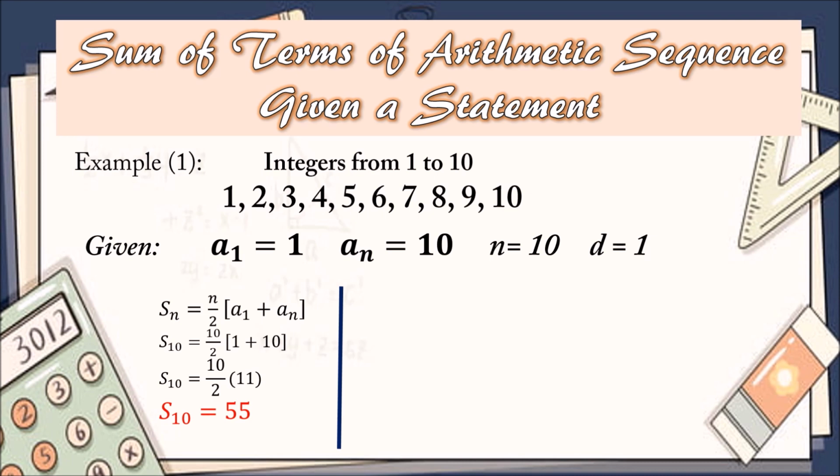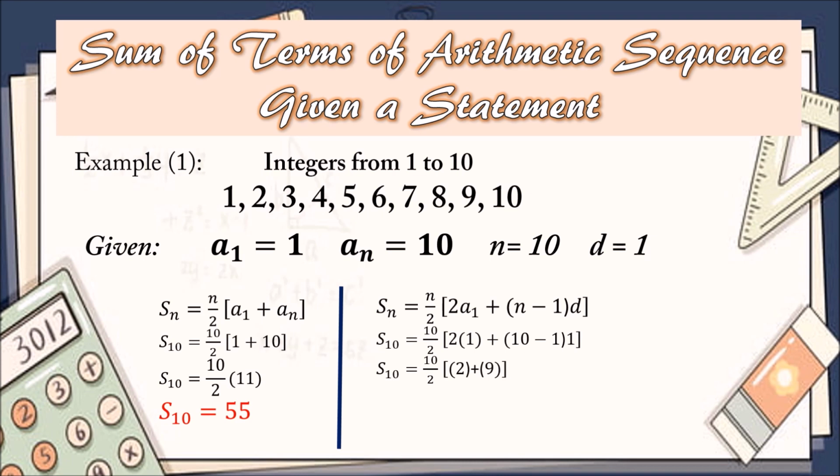Okay, gamitin naman natin yung second formula na S of n is equal to n over 2, open bracket, 2 a sub 1 plus, open parenthesis, n minus 1, close parenthesis, d. Isa-substitute lang ulit natin yung given sa ating formula. We will have S of 10 is equal to 10 over 2, open bracket, 2 times 1 plus 10 minus 1 times 1.